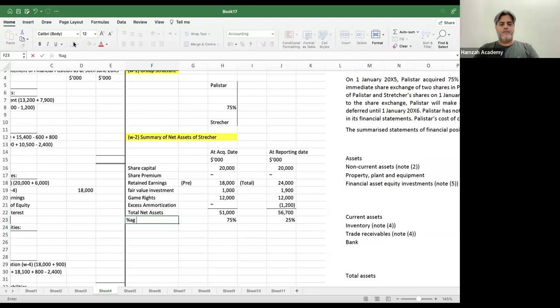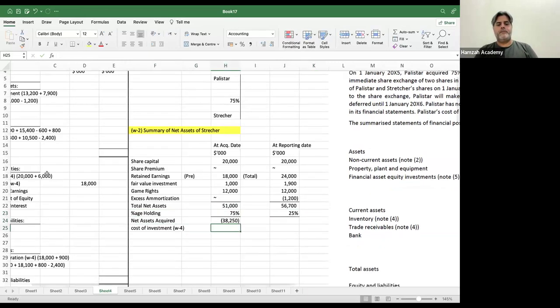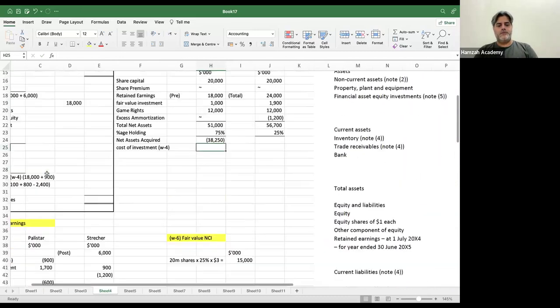Yeah, that's much better. Now, net assets acquired, so this into this. Cost of investment, 42,000.